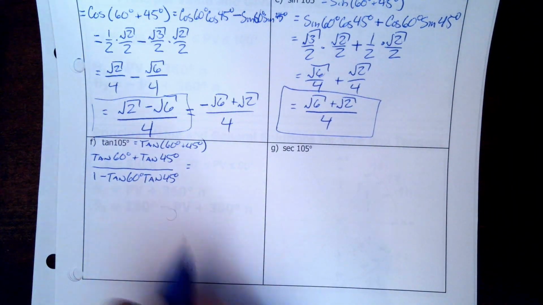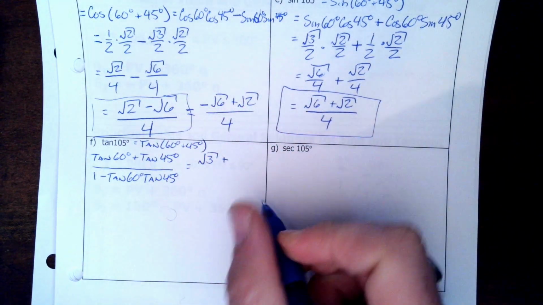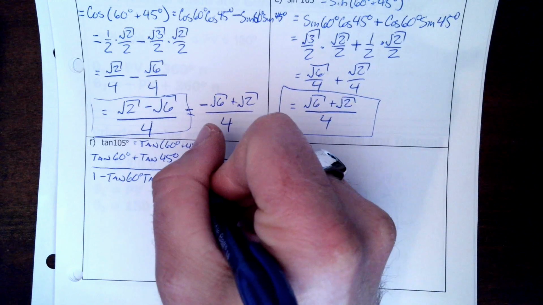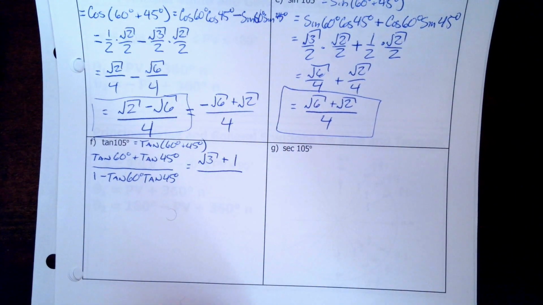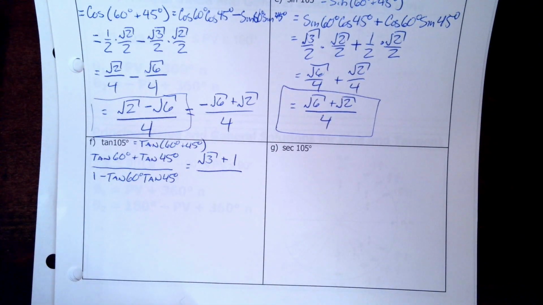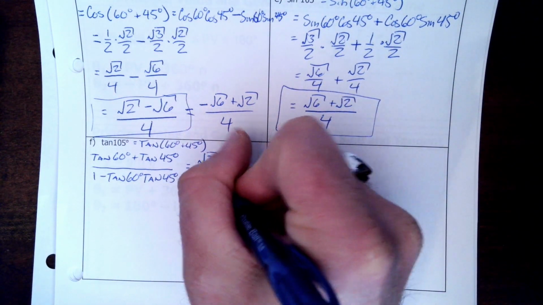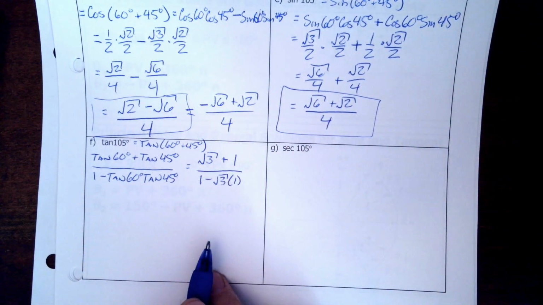Looking at the unit circle, the tangent of 60 is just the square root of 3. Tangent of 45 is 1. Again, those are not like terms, so we can't really do anything to simplify beyond root 3 and 1. And again, looking at the unit circle, same things. 1 minus root 3 times 1.